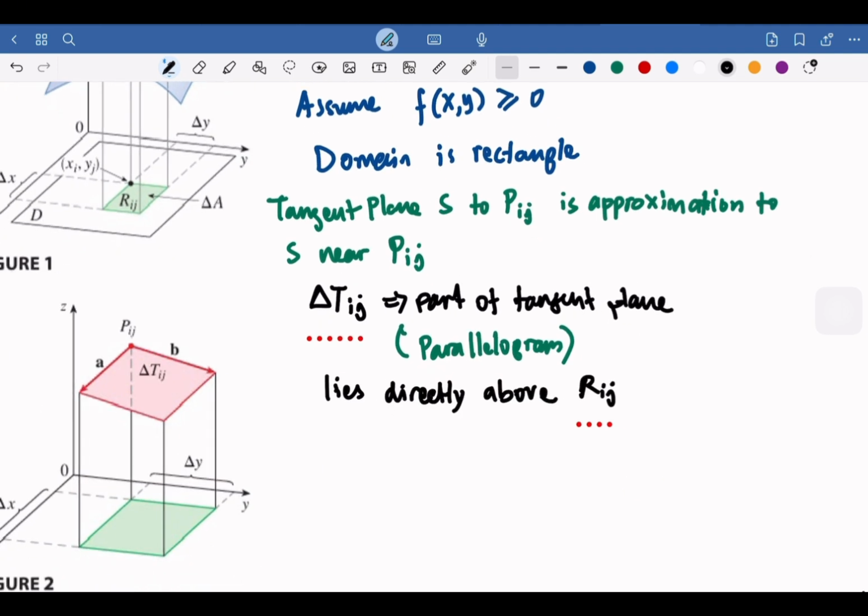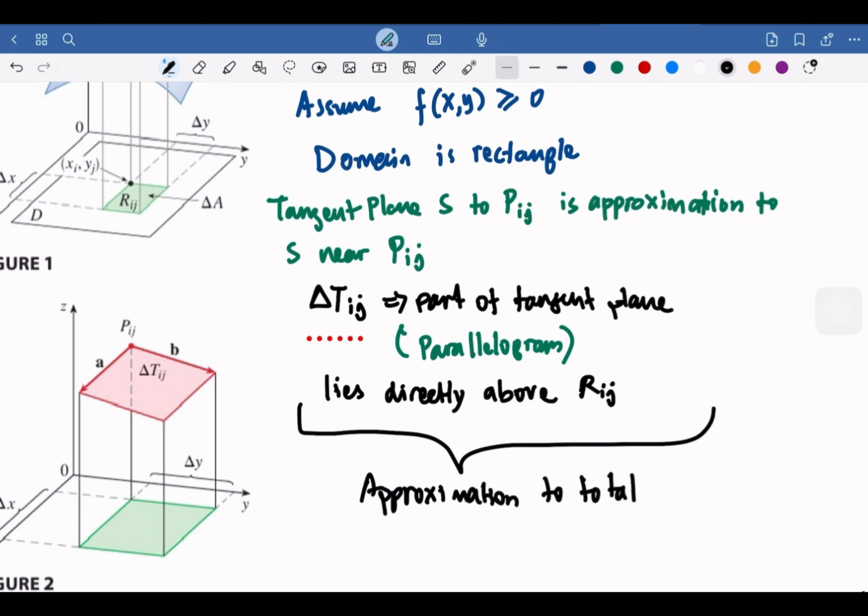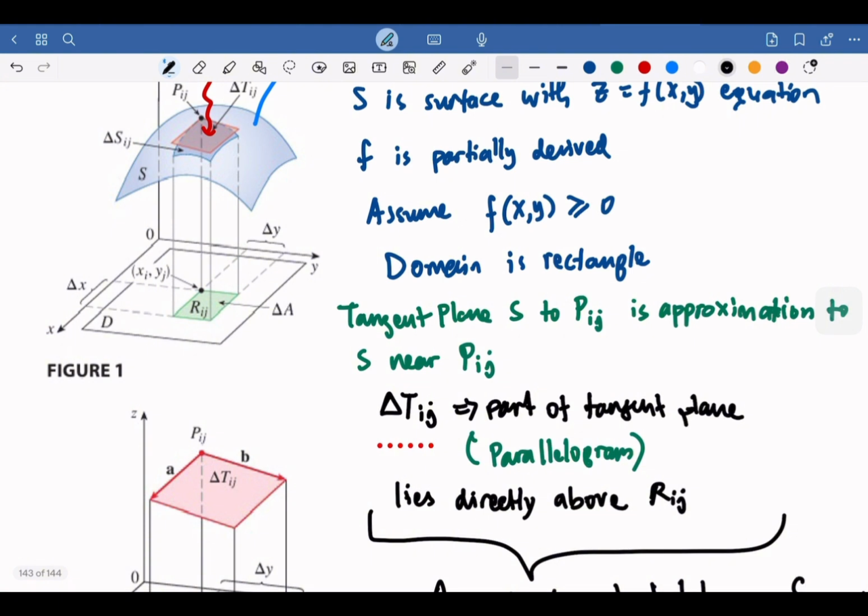This delta T is actually an approximation to the total area of S. If we cut into very, very small pieces of delta T and combine all the delta T, this will be the surface itself, the area of the surface.